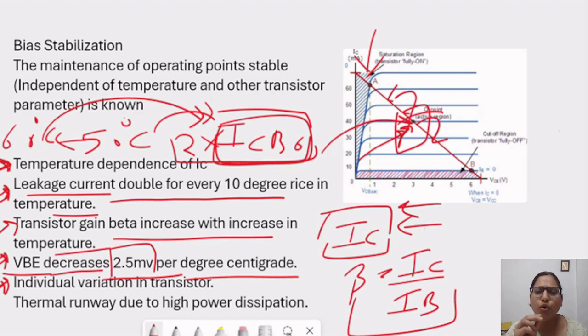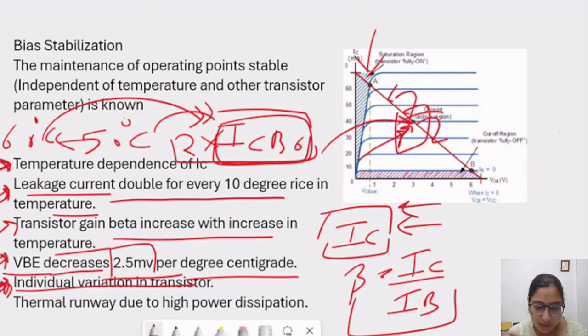Somewhere the doping is a little bit higher or lower, and somewhere a little bit higher or lower. So this can create a difference in two transistors. Their number is the same, but still their beta is not the same. So individual variation in transistor is also there, which can cause a change in the beta.